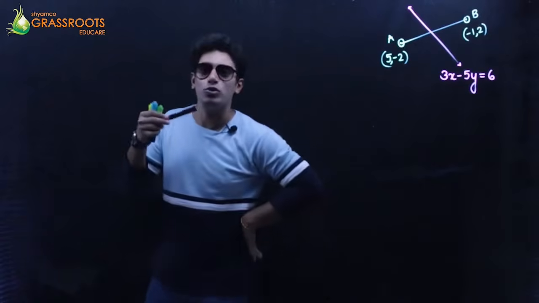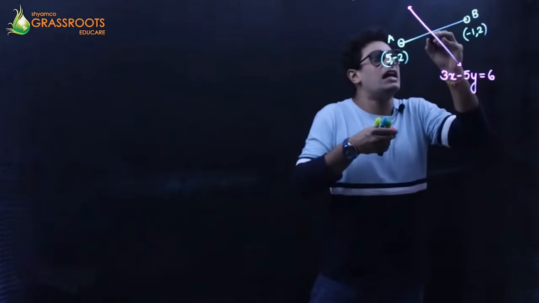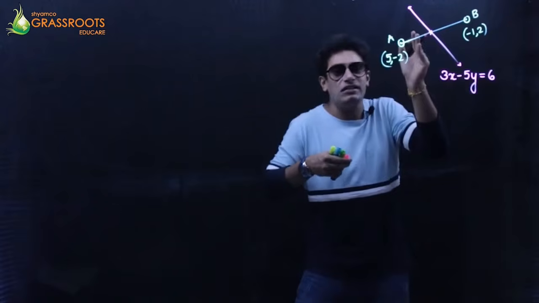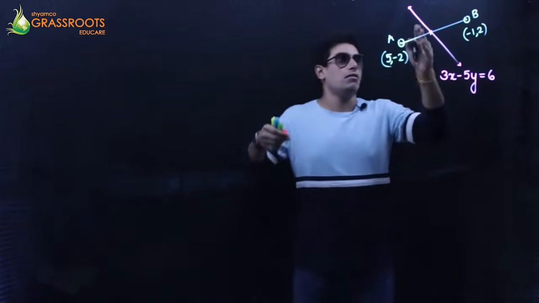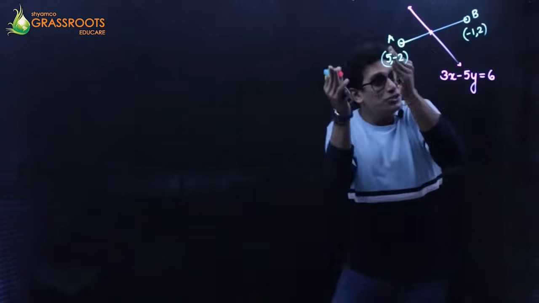That means they are asking me whether it is the midpoint. If this is the midpoint, then I can say that yes, it is bisecting, cutting it into 2 equal parts.